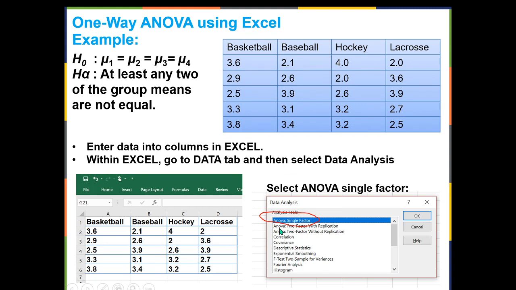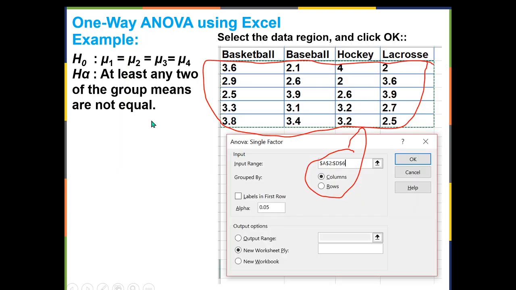Notice that it also does ANOVA two factor, which we don't talk about in this course. So you pick ANOVA single factor, and then you get this window here. Now here is where you put the data.